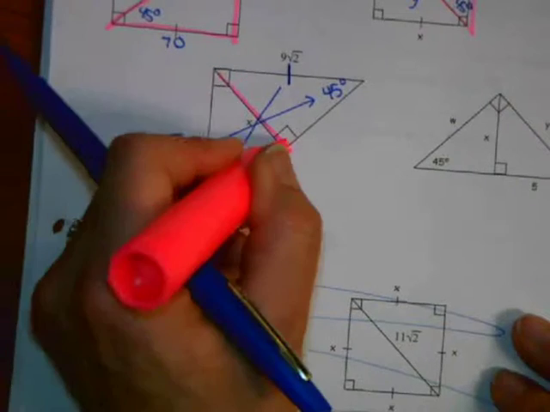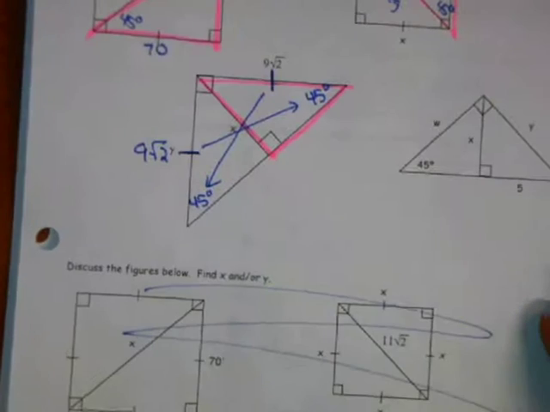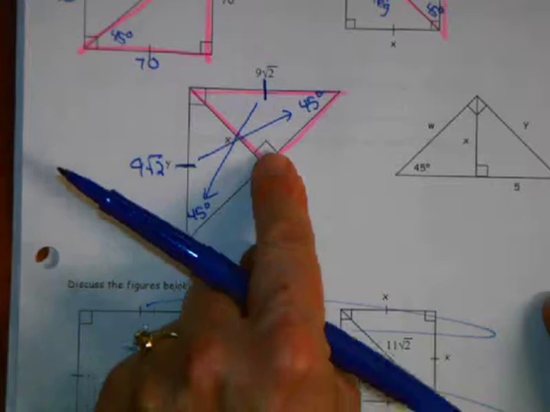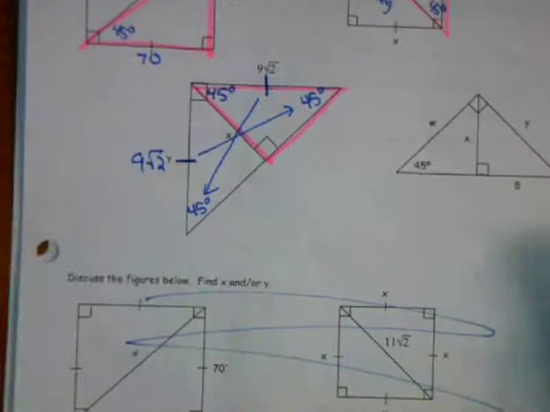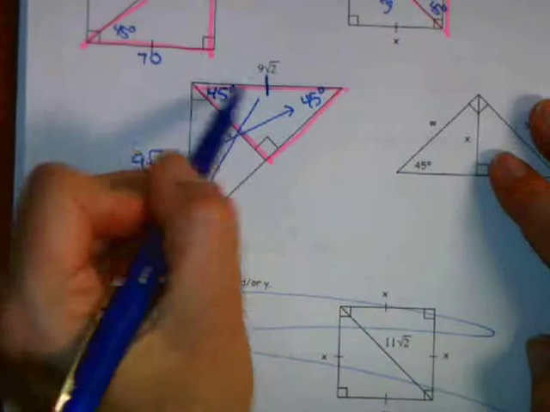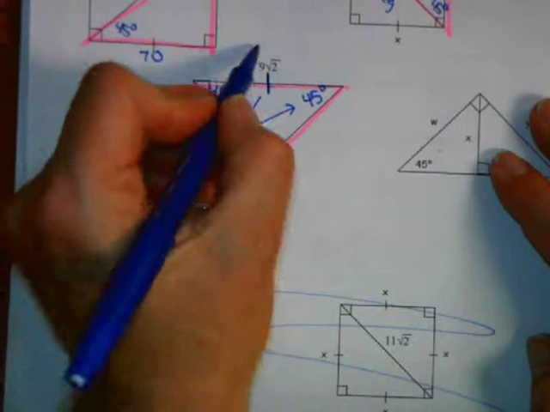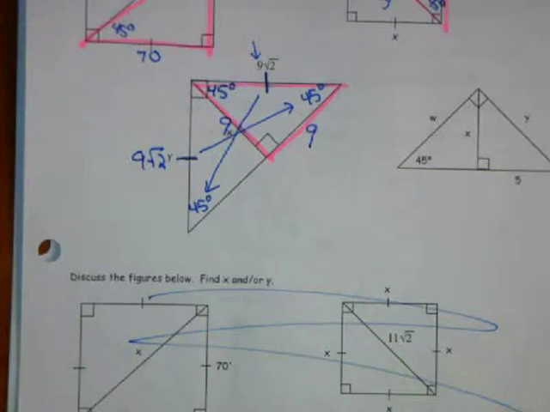Then I'm just going to look at one of these. If this is 90, this is 45, this has to be 45. I've shown it's a 45, 45, 90 triangle. This is the hypotenuse, therefore the leg must be what number? 9 and 9. Got it?